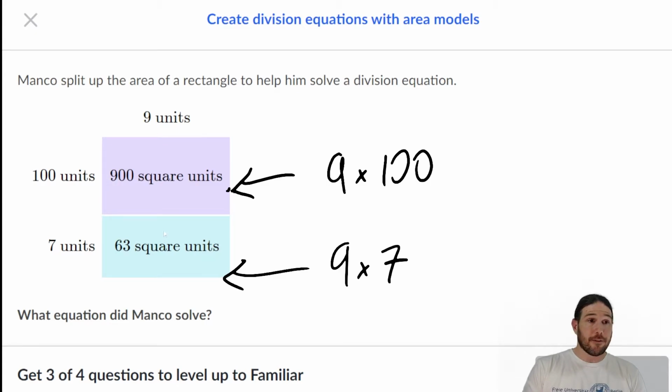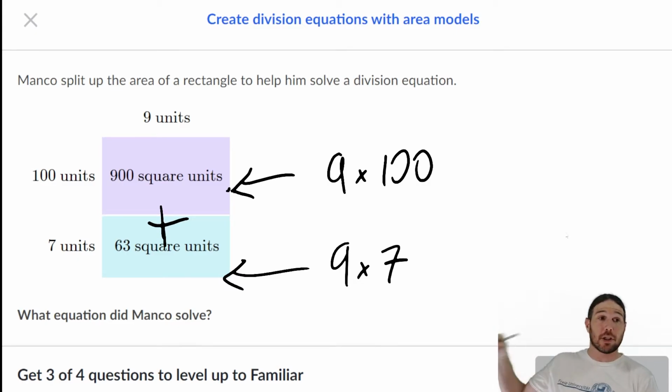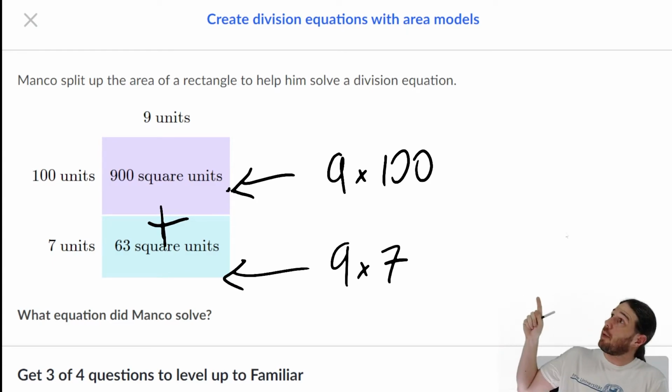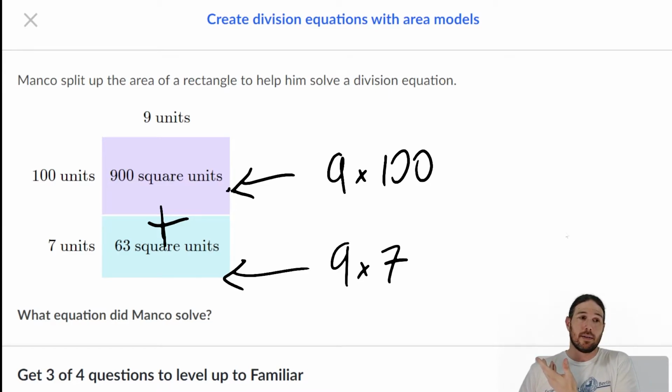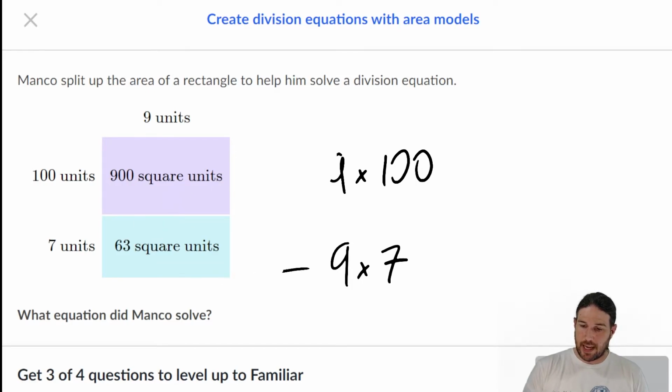They are trying to find what 963 divided by 9 is. This whole area is being divided into two sections. One is 9 by 100, one is 9 by 7. So they are literally dividing this 963 square units, and let's see what the answer is.